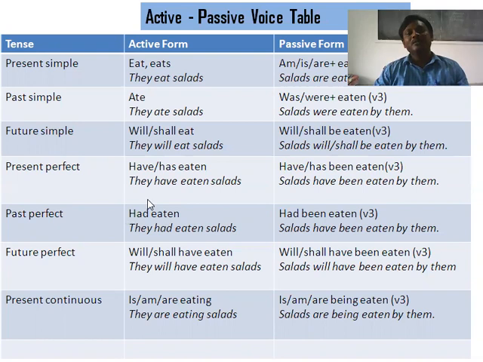By looking at this will plus V1 construction, we understand that this sentence is in future. If any sentence is in future tense, we take the be form verb be in order to transform an active sentence into a passive sentence. So, salads will or shall be eaten by them.